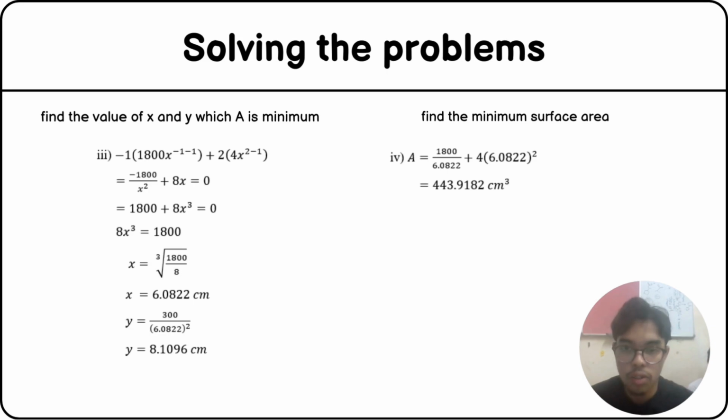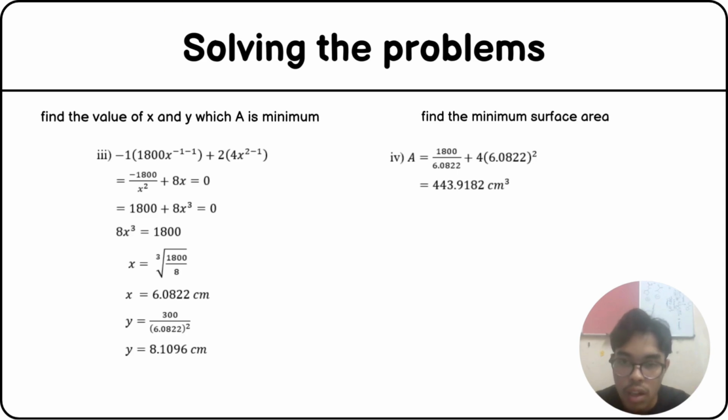Okay, so let's go to the third question, which is to find the value of x and y for which A is minimum. Firstly, we need to apply the first derivative test, which means we need to differentiate the given surface area. So it is equal to minus 1 times 1800 x to the power of negative 1 minus 1, plus 2 times 4x to the power of 2 minus 1.